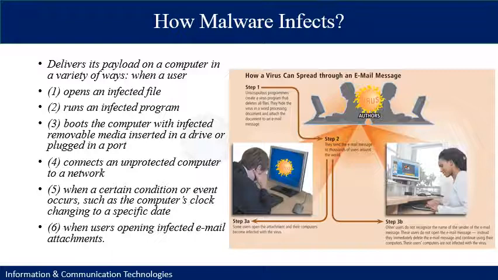Usually a malware delivers its payload onto the computer in a variety of ways: when a user opens an infected file, runs an infected program, boots a computer with infected removable media such as a USB or another device plugged into a port, connects to an unprotected computer network, or when a certain condition or event occurs, such as the computer's clock changing to a specific date. It can also attack when a user opens an infected attachment. The process is depicted here.